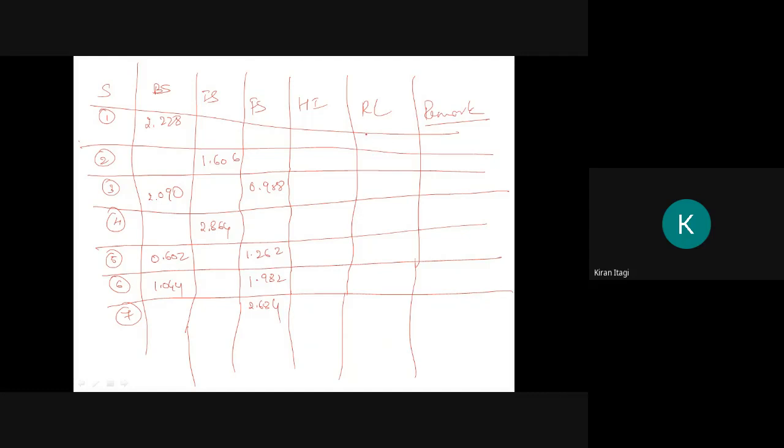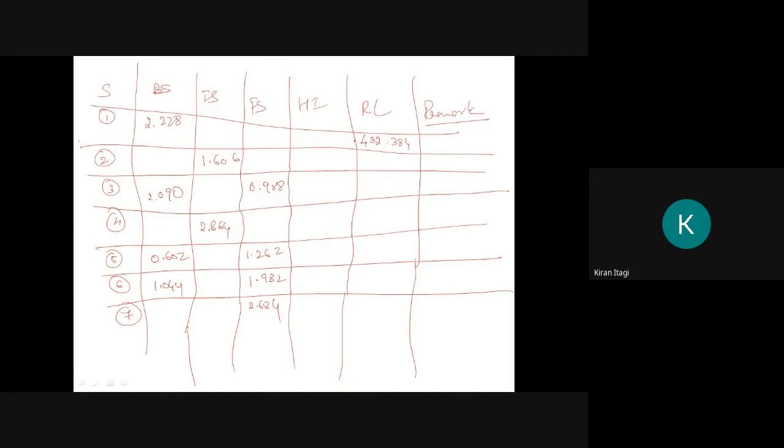Okay, what was the benchmark? It was 432.384. So what will be the height of the instrument? Can anyone tell?